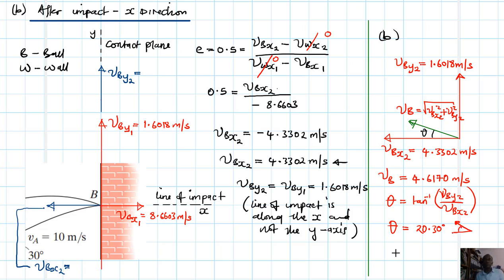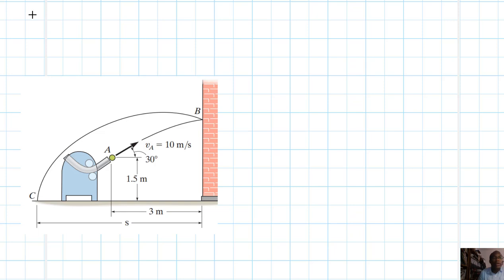All right, so this is our B. I guess we are partially done with B. All right, so we are still on part C, still after impact.